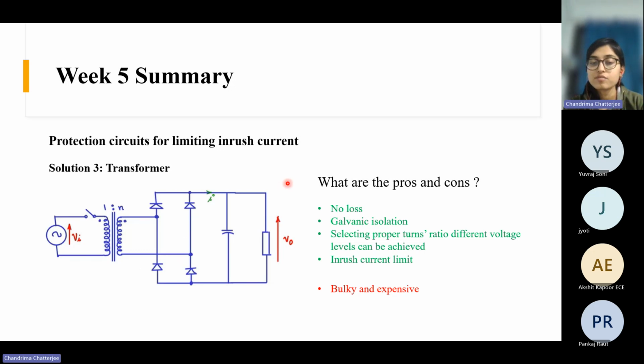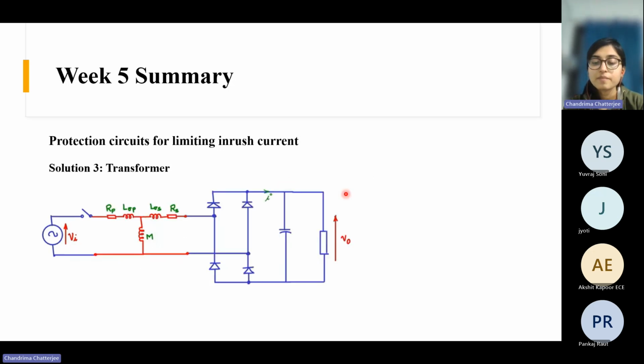Let's see how the transformer limits the inrush current. Here, whatever you are seeing is the equivalent T model of a transformer. So this is the primary winding resistance. This is the leakage inductance of the primary. Then there is this mutual inductance.